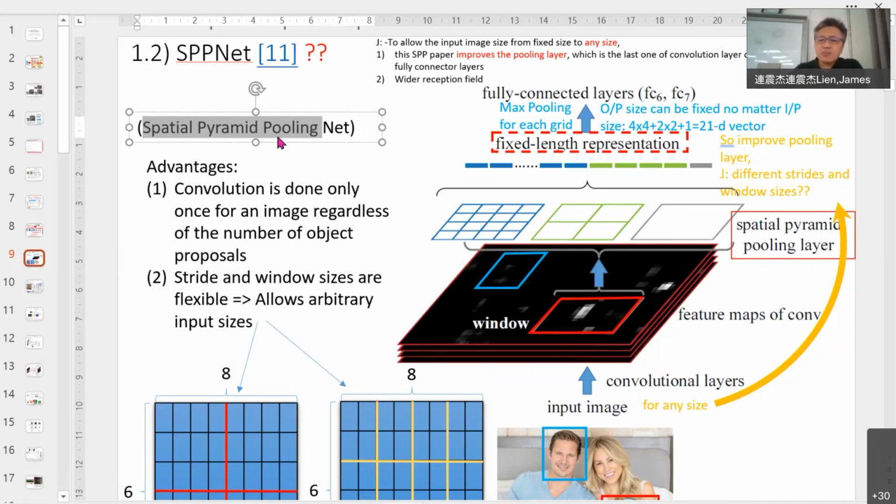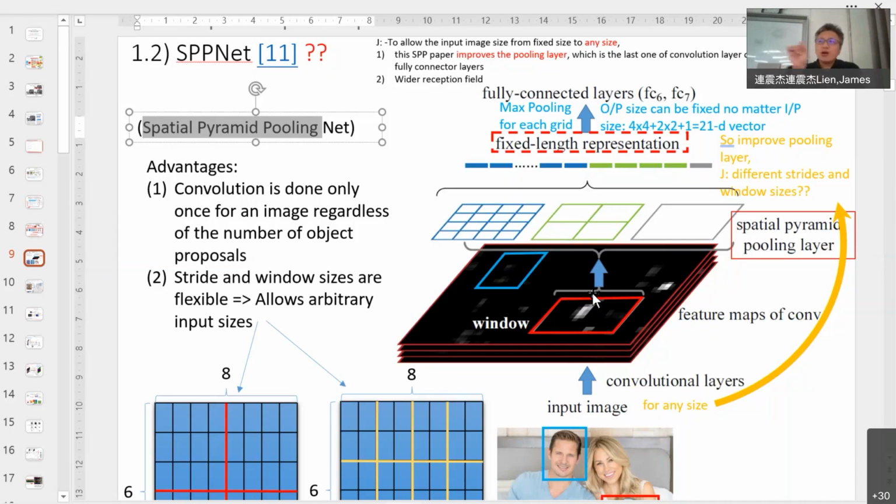So what is this one? When we input the image, the size is limited if we use a fully connected neural network for classification.